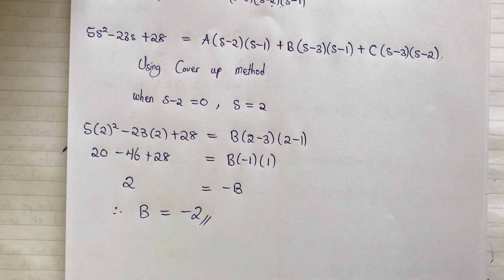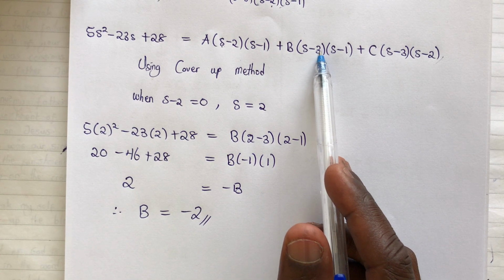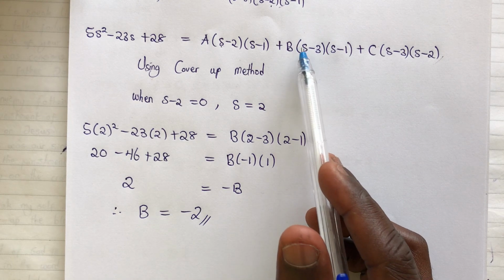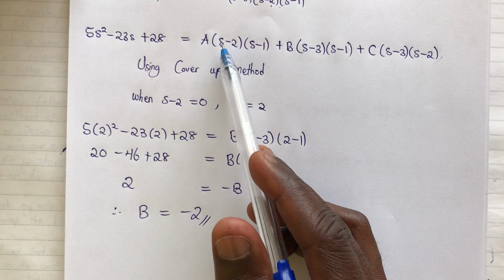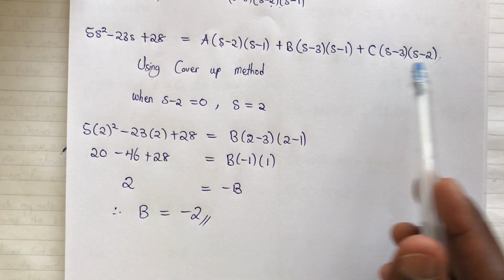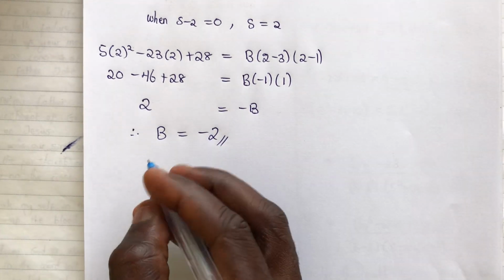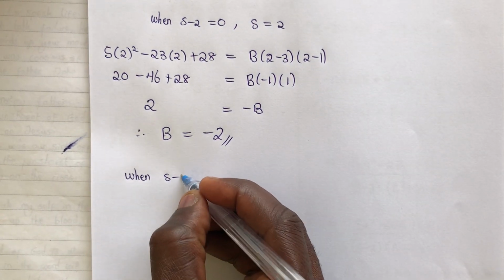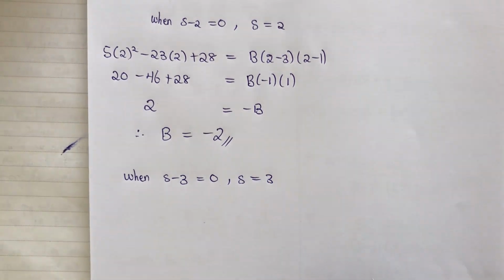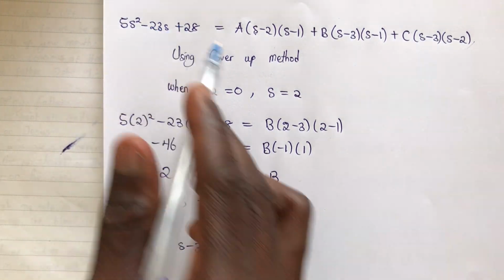Now, from the same cover-up method, when we make S minus 3 equal to 0, we can find the value of A. Because when we substitute 3 here, this whole side will be 0, this whole side will be 0. So in the next step, you just write that when S minus 3 equals 0, then S equals 3. So when S is equal to 3, let's substitute that into the original equation.